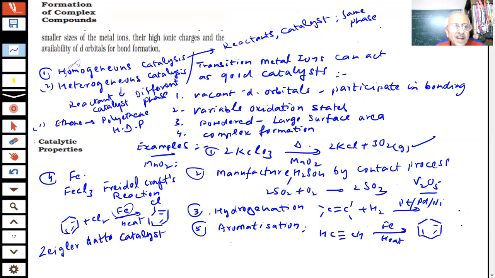Do you know what the Ziegler-Natta catalyst is, students? It is a mixture of TiCl4 and triethyl aluminum. This is called the Ziegler-Natta catalyst. It is used for the preparation of high density polyethylene from ethene.